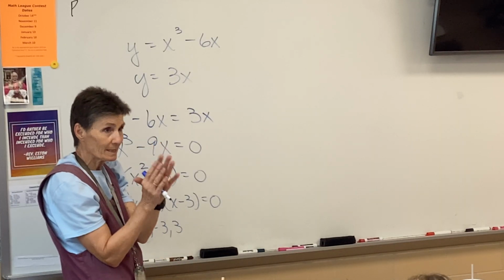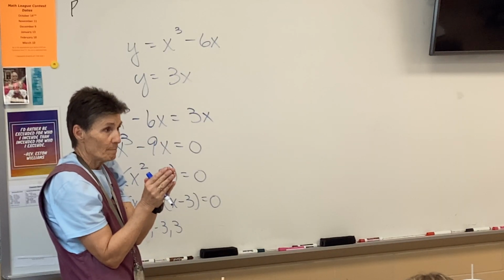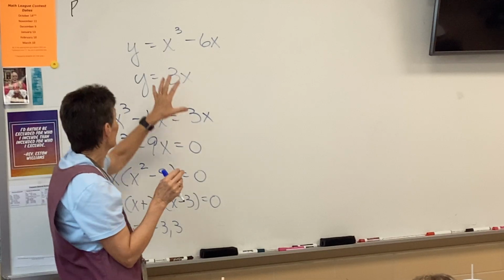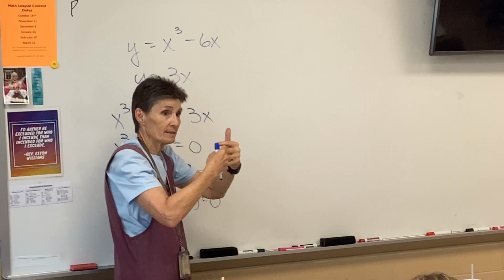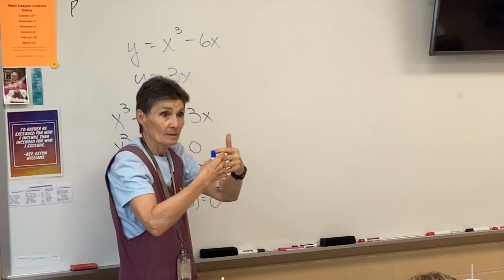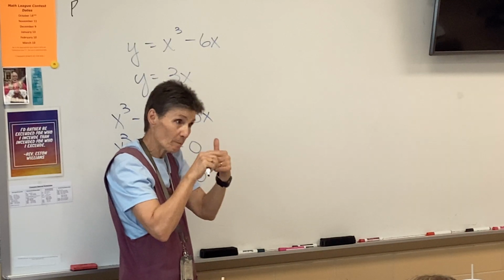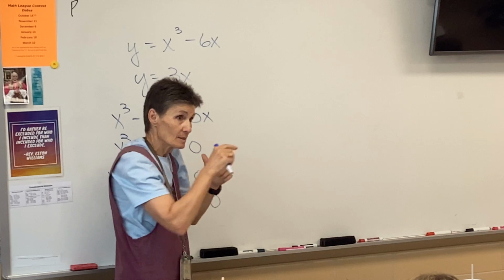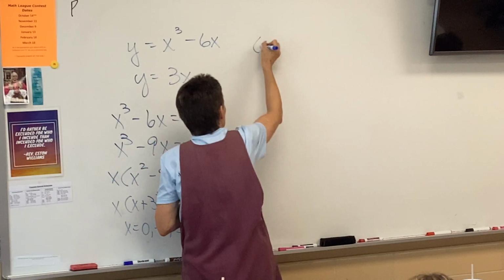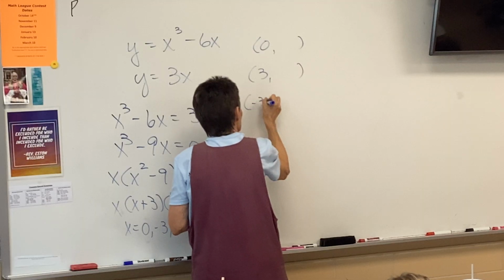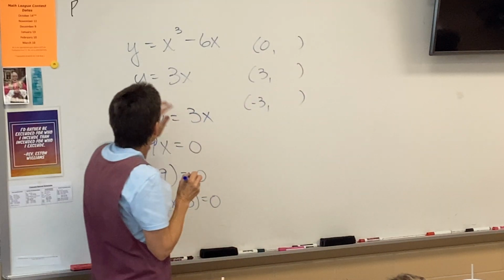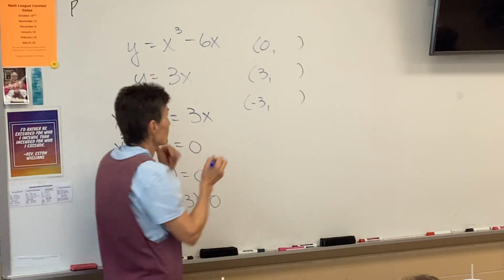But remember, you're not done. Because we have two equations and we're looking where they intersect each other. So then their intersections will be points. So here we go. If x is 0, what is y? If x is 0, so is y.